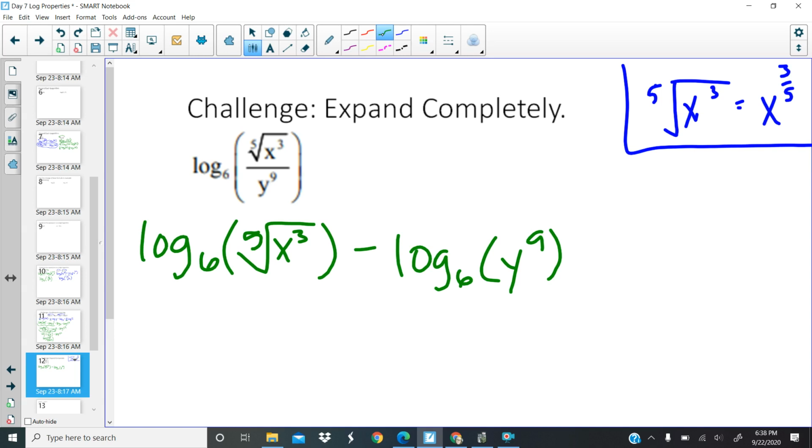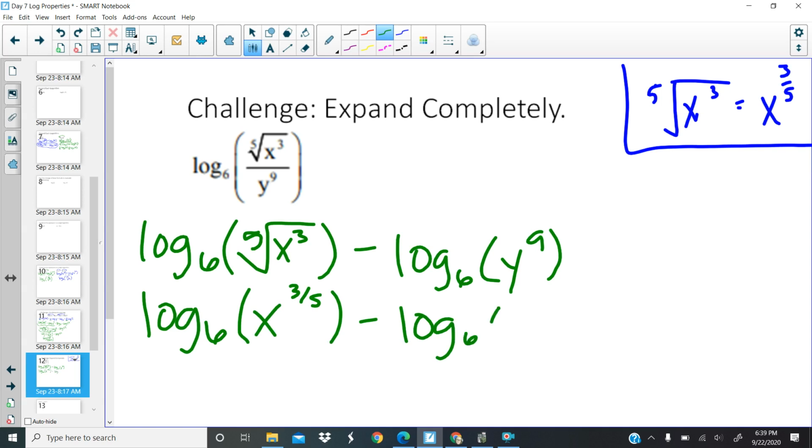So in this first logarithm, you would have log base 6, and then the 5th root of x cubed would be x to the 3/5 power, and then minus log base 6 of y to the 9th. At that point, you need to pull all of your exponents and move them back to the front to be multiplied by your logarithms.